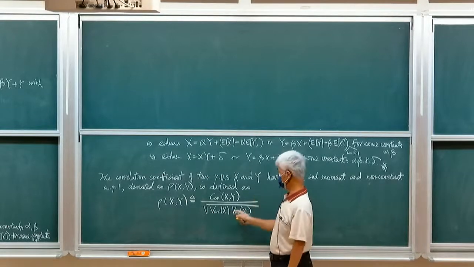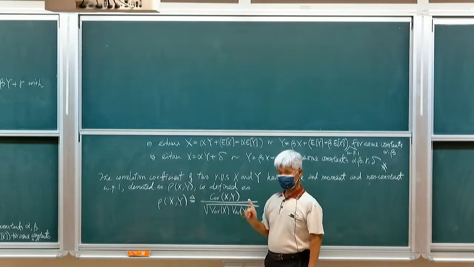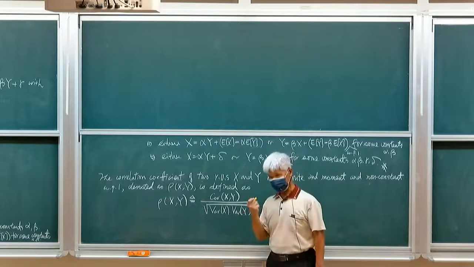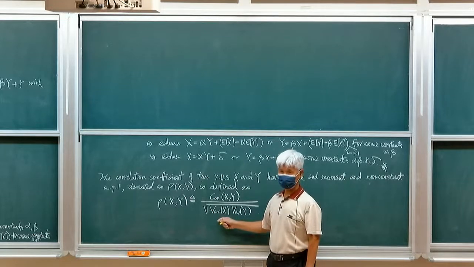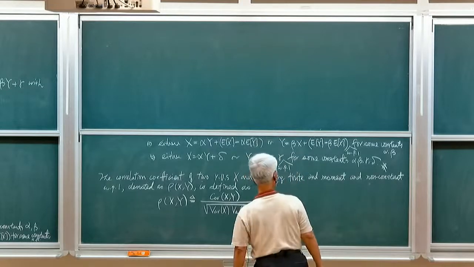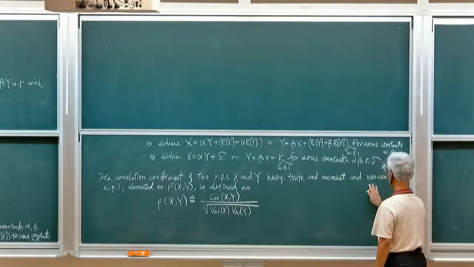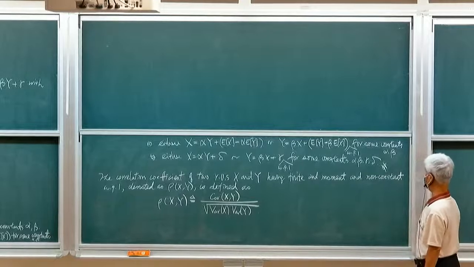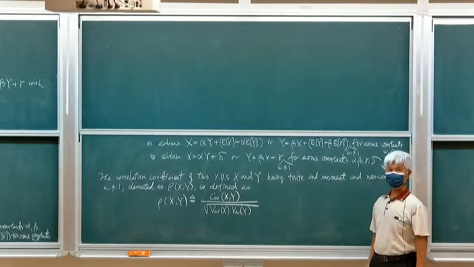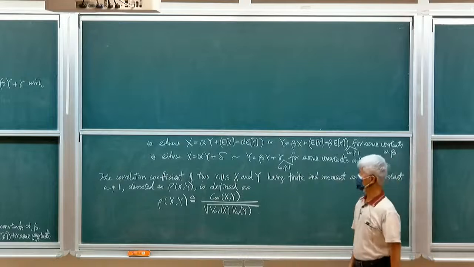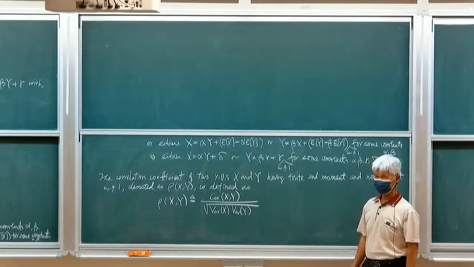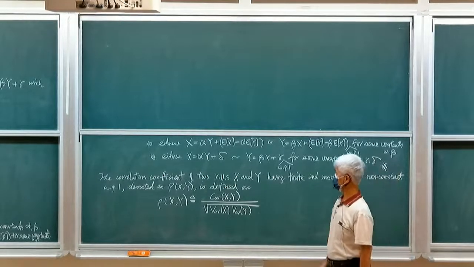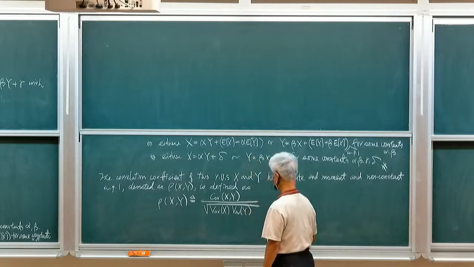And if Y is constant with probability 1, then the variance of Y is 0. And you can't put 0 into the denominator. So that's why we have to exclude such a trivial situation. So this is the definition.